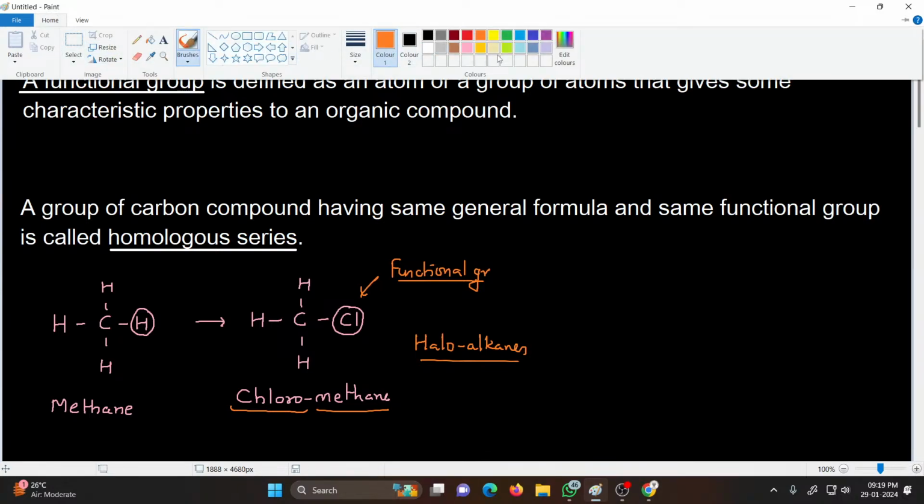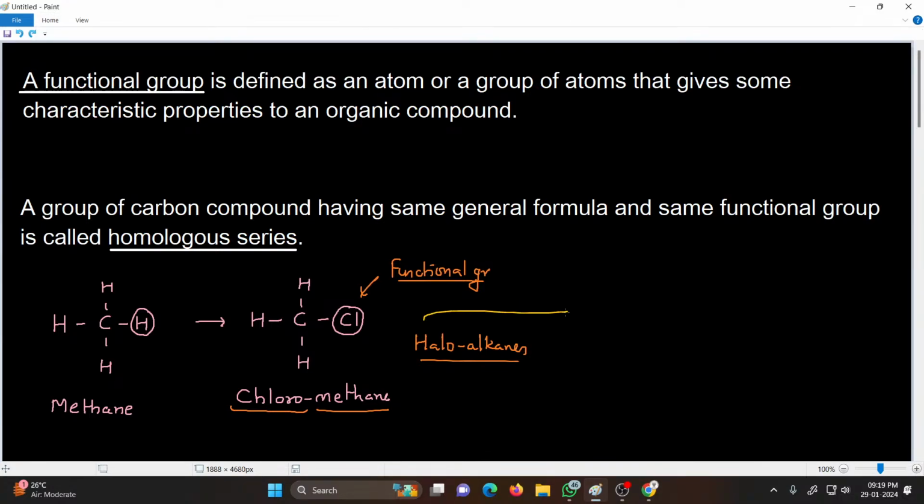So this means further we can extend this: if in ethane, let us say, one hydrogen atom is replaced by a chlorine atom, in that case it will be chloroethane.